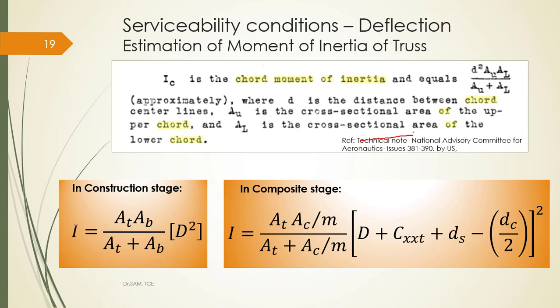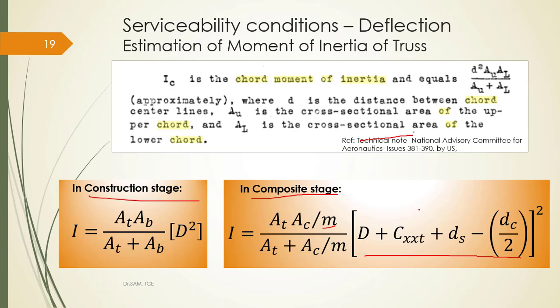You will get the inertia of the composite truss. So this is for the construction stage. In the composite stage, since you have two materials, the concrete is transformed into equivalent steel, using the appropriate modular ratio.